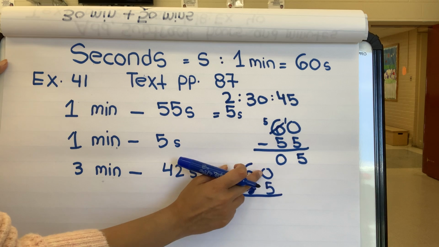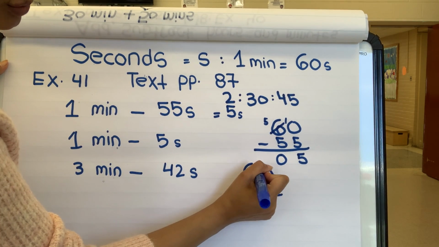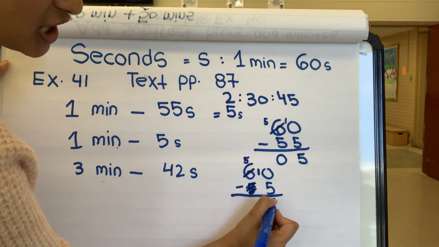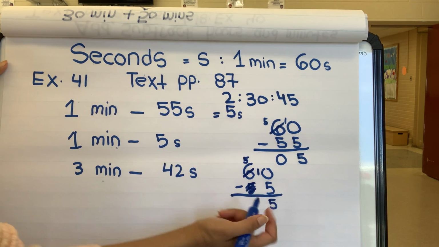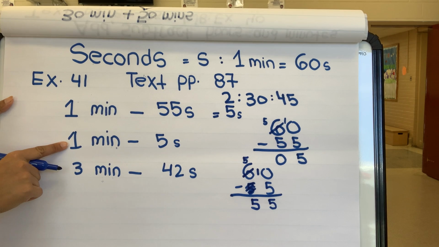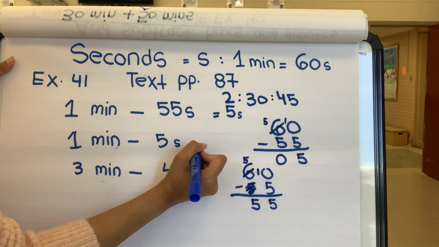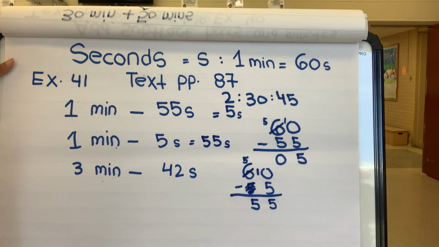I have 0, I cannot take away 5. So I'm going to borrow. 10, take away 5, I am left with 5. And I don't have to take anything away here, so I just write down 55. So if I have 1 minute, which is 60 seconds, and I take away 5 seconds, I am left with 55 seconds. Okay.